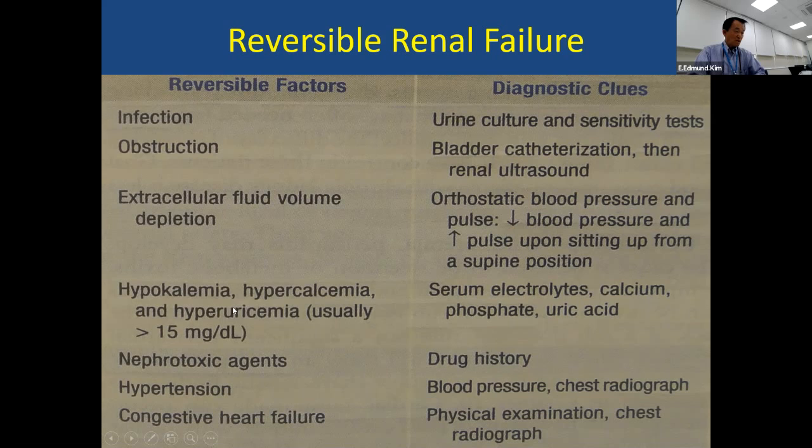And hypokalemia, hypercalcemia, all these electrolyte problems, if we detect early, we can correct. If we know of a nephrotoxic agent, particularly cisplatin, we stop it. And for hypertension, we check blood pressure, and the clinical history, congestive heart failure, again, now we know. So those are things.